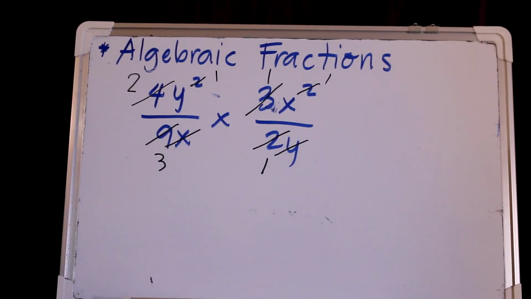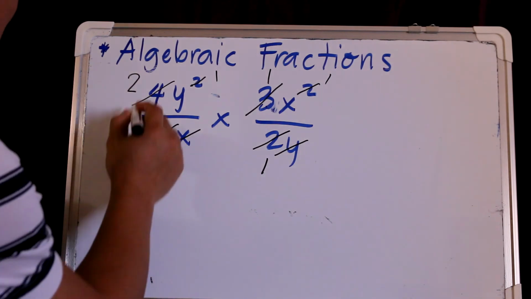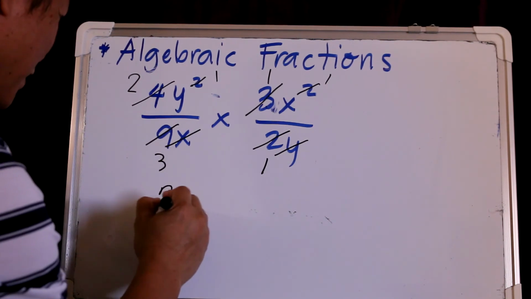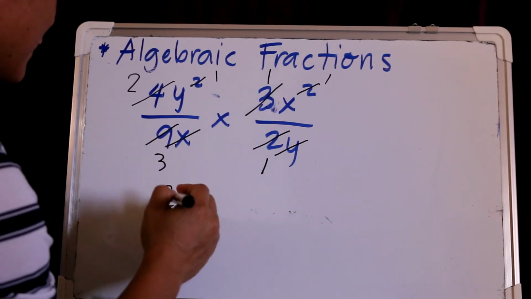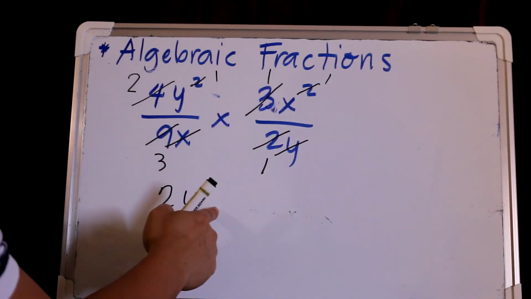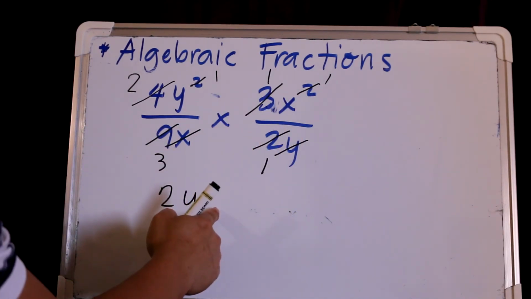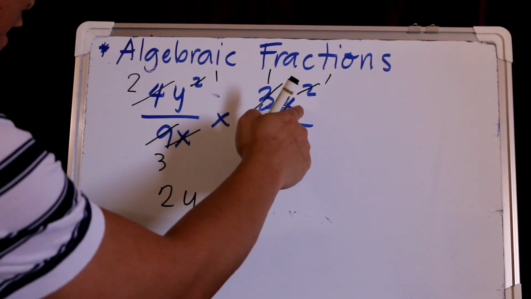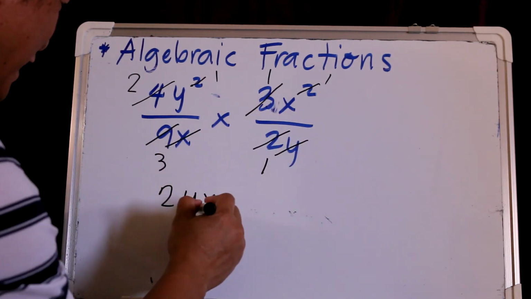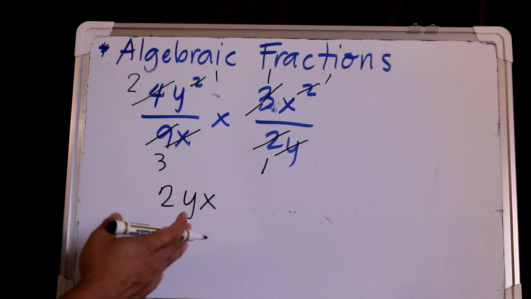What is left? Okay, so what is left now is we will have 1y here, so 2y. Right over here it's 1 times 1. So you have 1x. So you can say 2yx or 2xy.